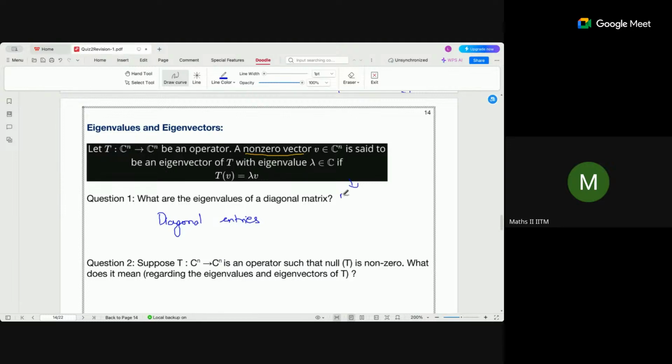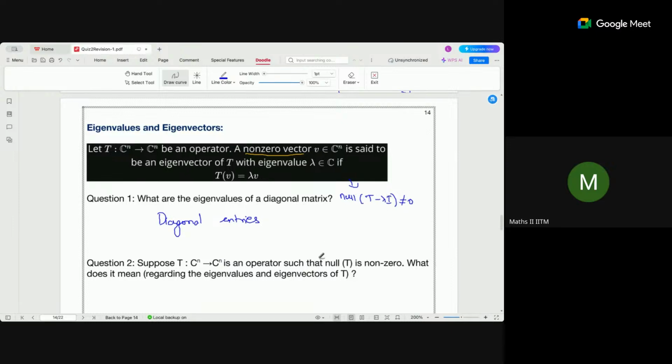Null of T minus lambda I, if this is non-zero, then you can say that your lambda is an eigenvalue and all the elements of this null are the corresponding eigenvectors. So this is another way to define eigenvalues and eigenvectors. If null of T minus lambda I is non-zero, then this lambda is an eigenvalue and all the vectors in this null are the corresponding eigenvectors.